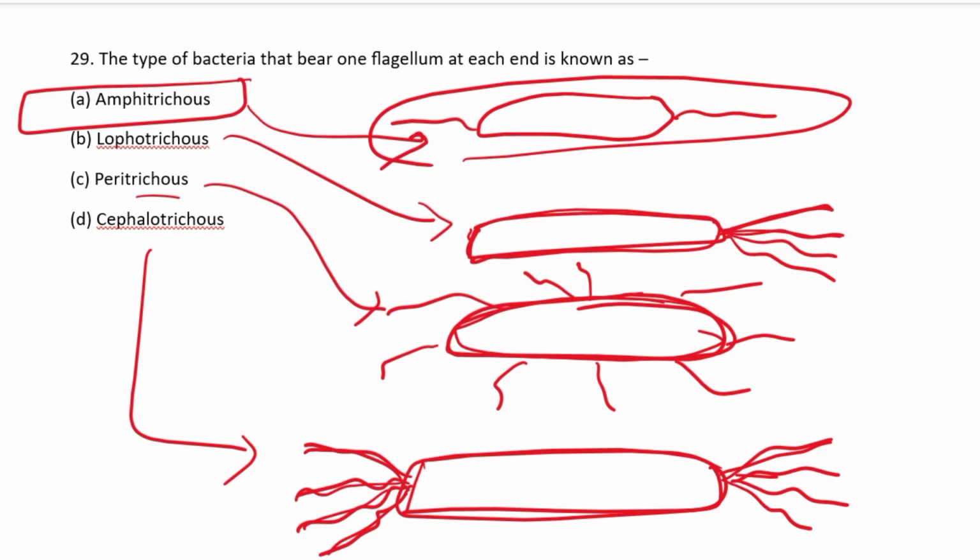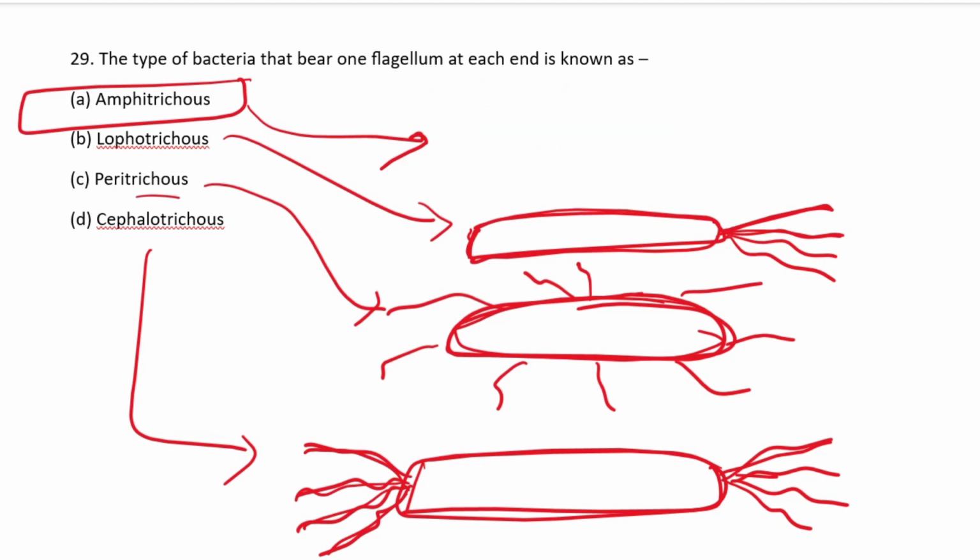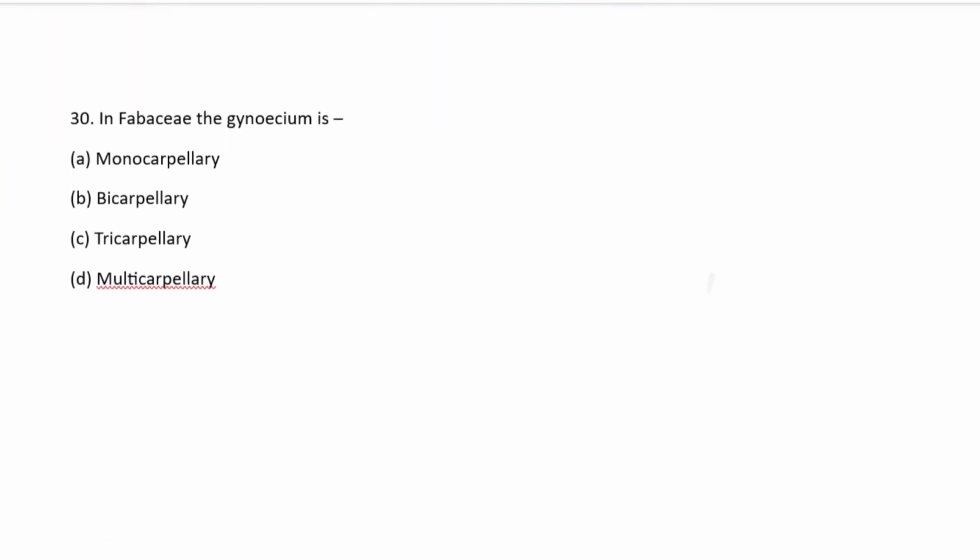So option A is the right answer, let me draw it again. Option A will be the right answer, and this is how amphitrichous bacteria look. Moving on to the next question, question number 30.